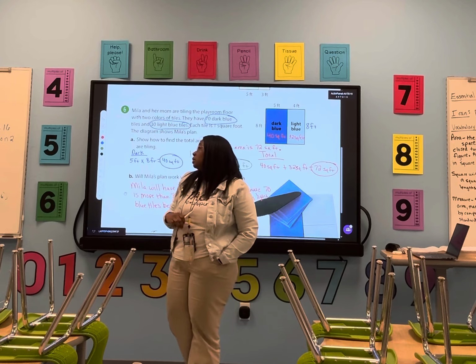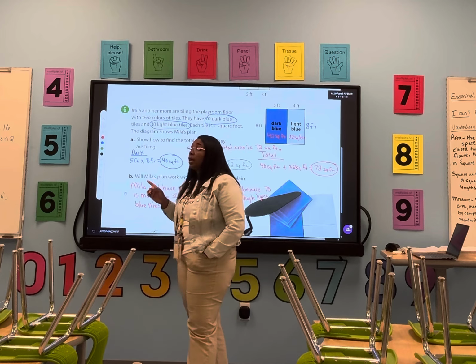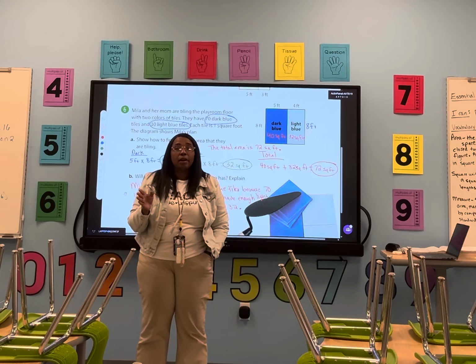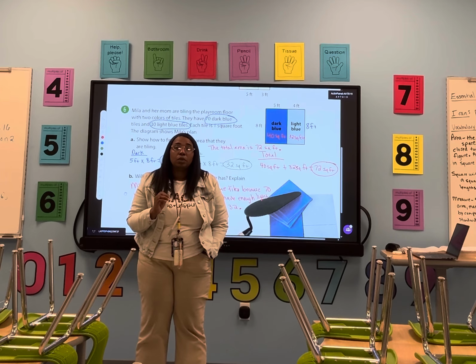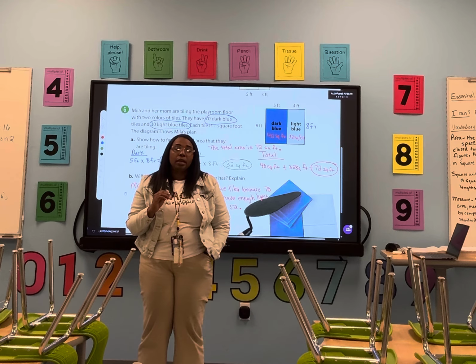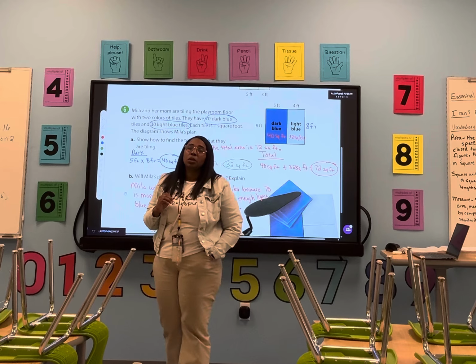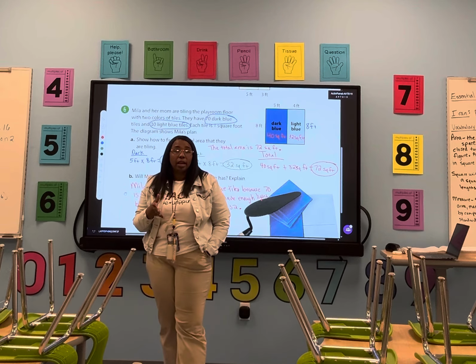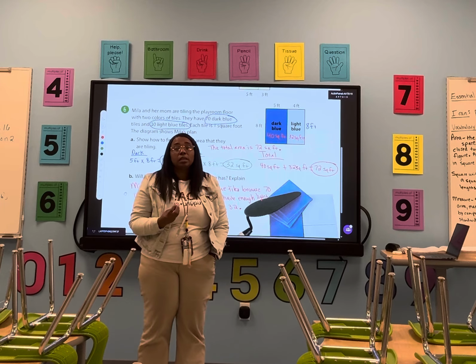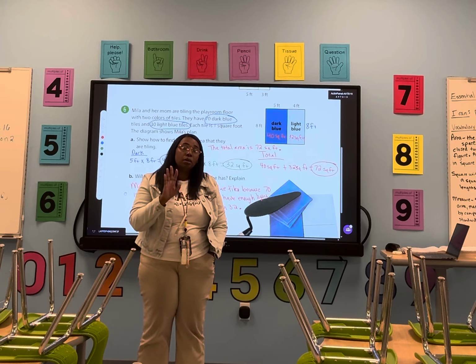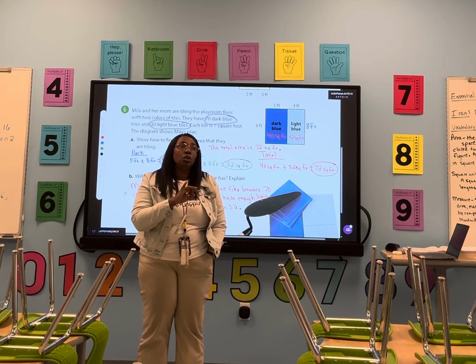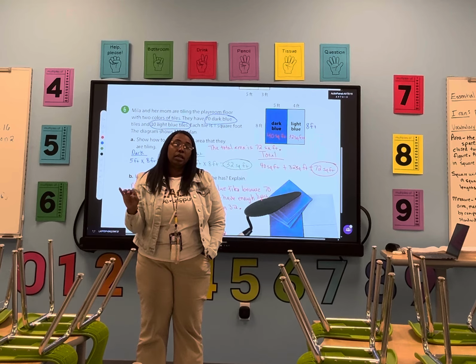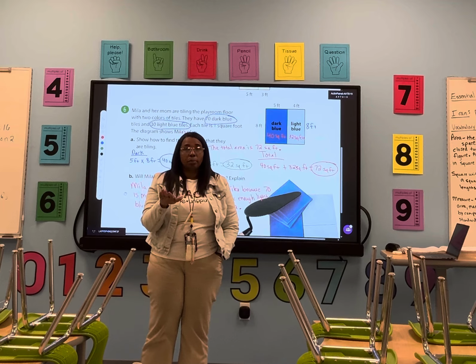Our test for lesson 16 is going to be on Thursday, and then we have our mid-unit test, because we're already mid-unit. Mid-unit test is going to be on Monday. Now the thing is, with the mid-unit test, we're going to do a study guide on Friday. They can use that study guide for the test on Monday, but make sure you're studying how to solve the problem.